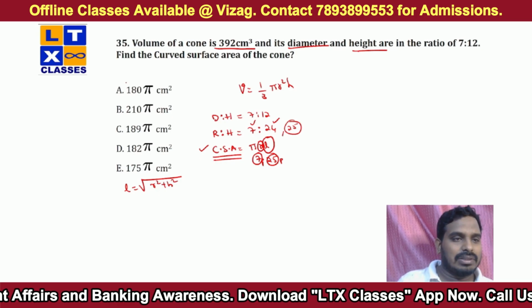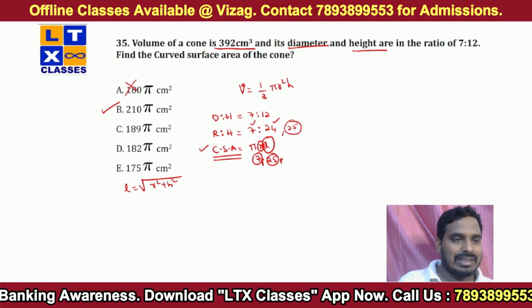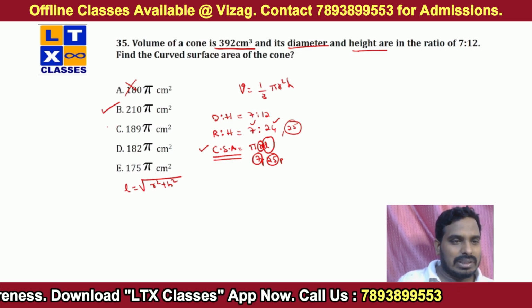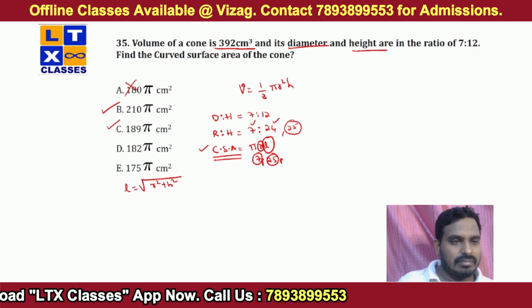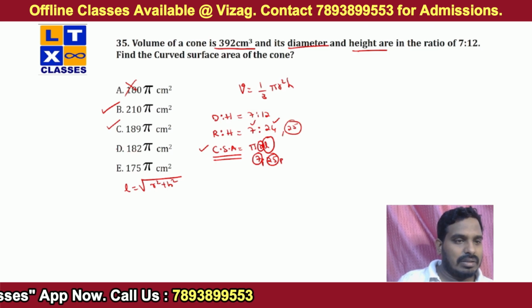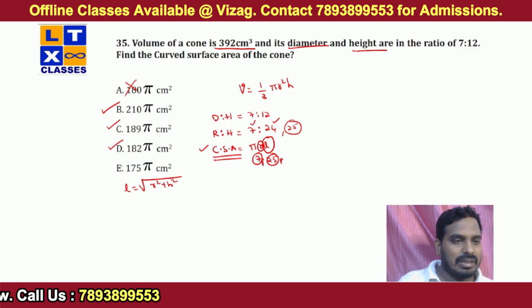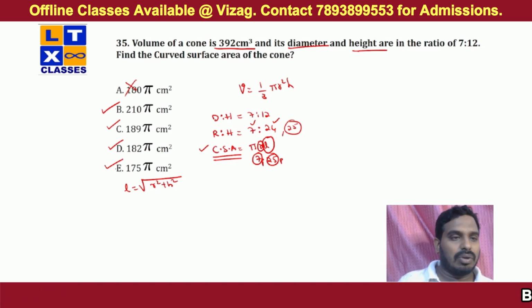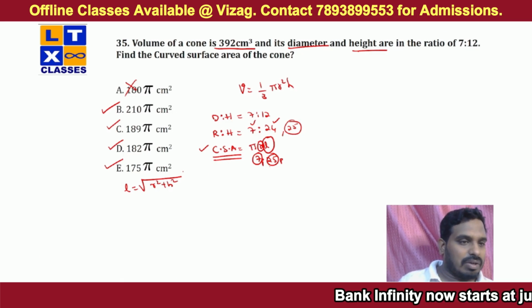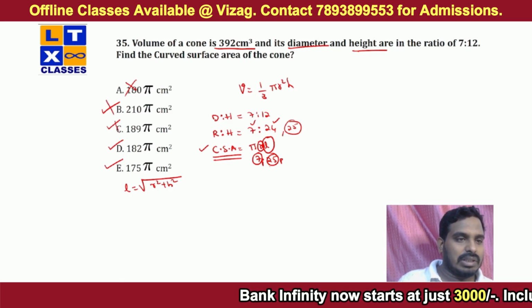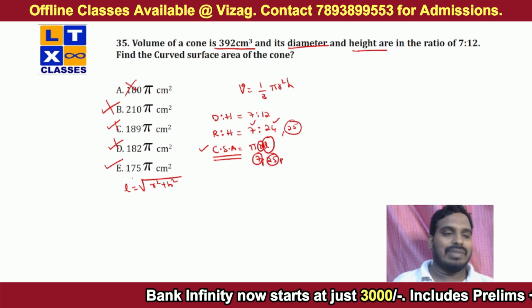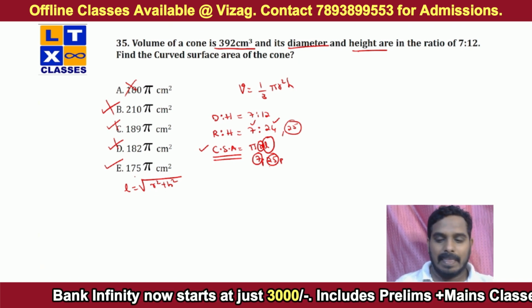Checking with 7 multiples, this is not a 7 multiple. This is a 7 multiple. This is a 7 multiple again. This is a 7 multiple again. And this is also a 7 multiple. So I do have so many options, but trust me, 25 multiples are only one, right? So these three are not my answers. So 175 is my answer.